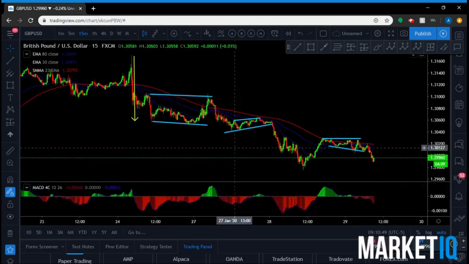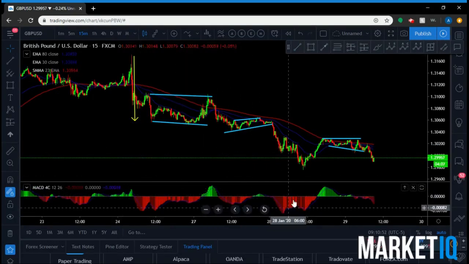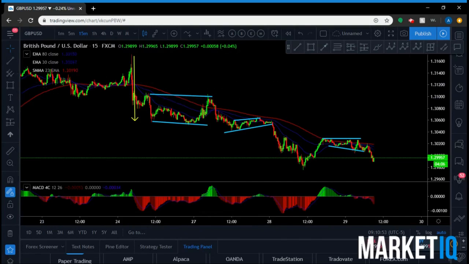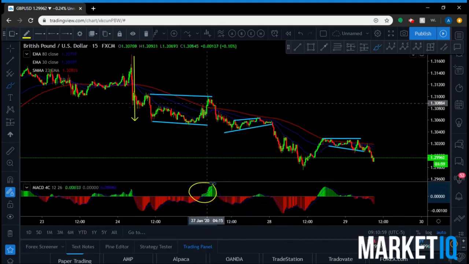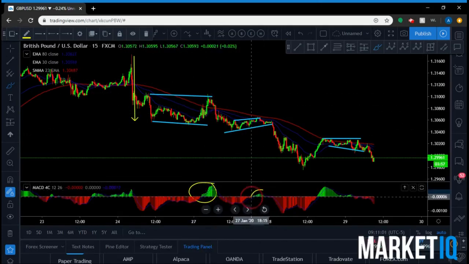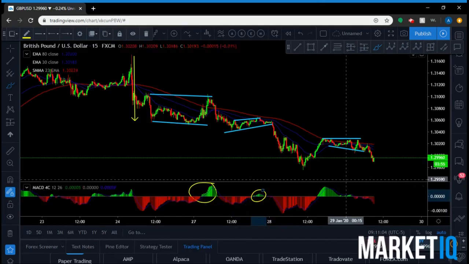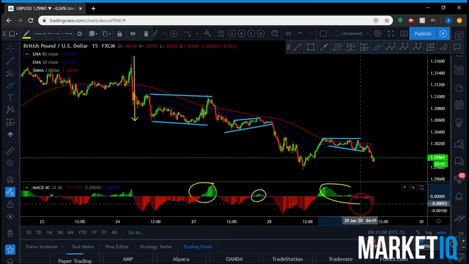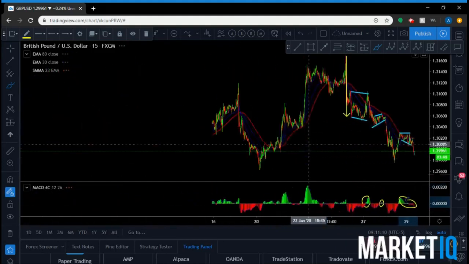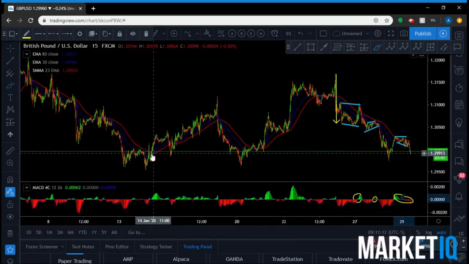Every time a correction ends, look at your MACD. You get a small cross like that. Again, a small crossover like that. And again, another small crossover indicating correction. Okay?